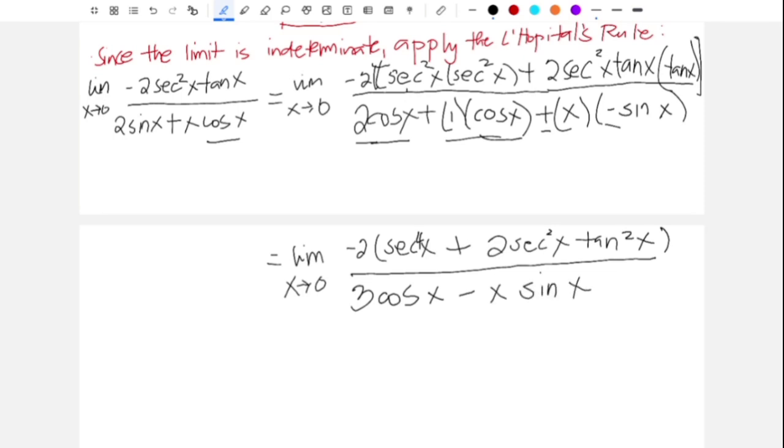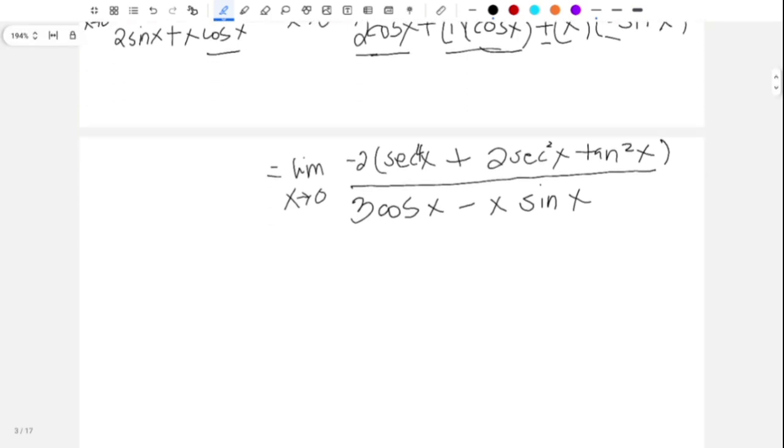Now that we simplify our numerator and denominator, we can now apply our limit. Wait, we can still simplify our numerator. Sorry. So we will have the limit as x approaches 0. Let us distribute our negative 2, which is on the outside of the parenthesis.